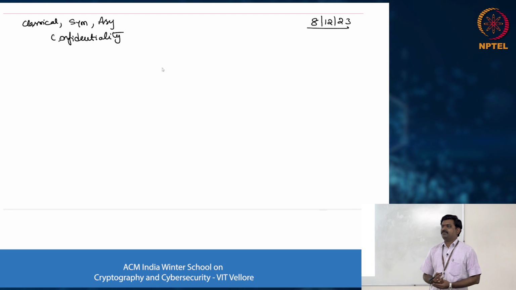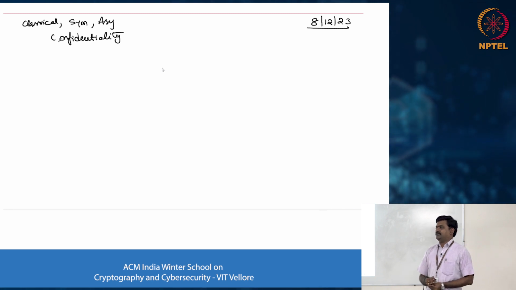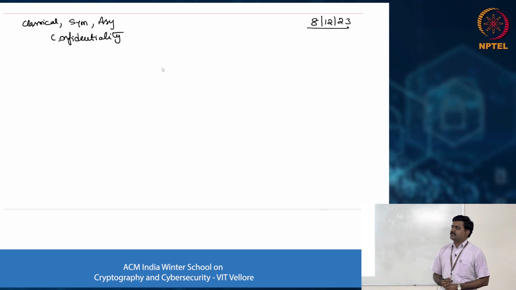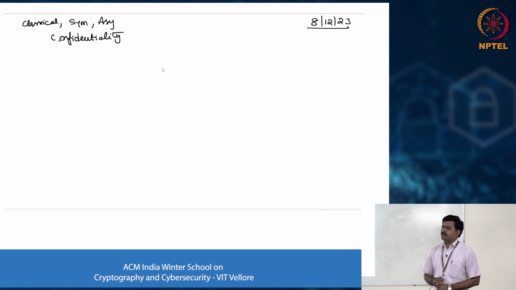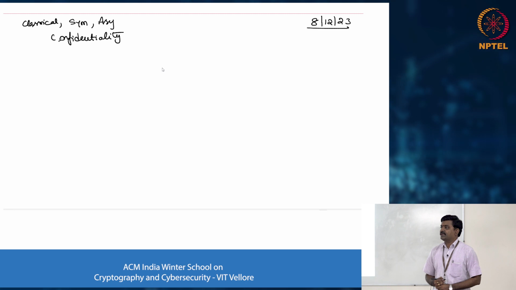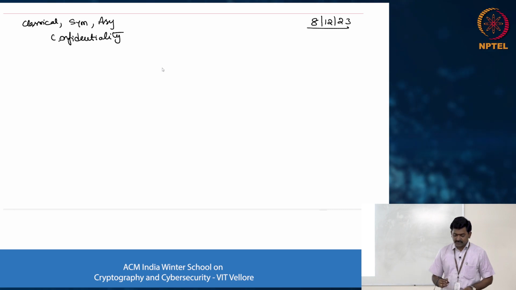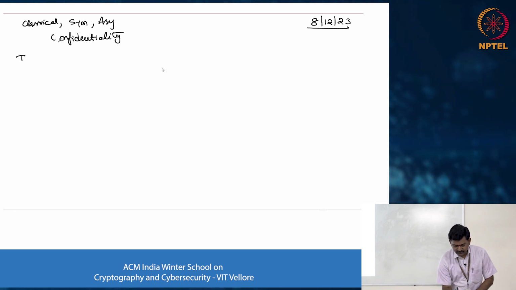Now, I have a different objective. The different objective is, number one, how do I ensure integrity? Also, another objective is authentication. So, integrity, authentication.